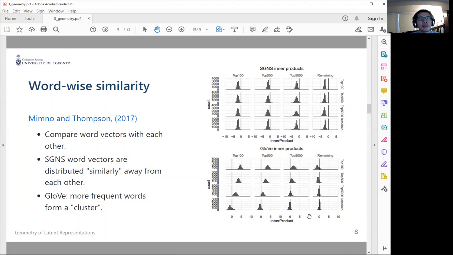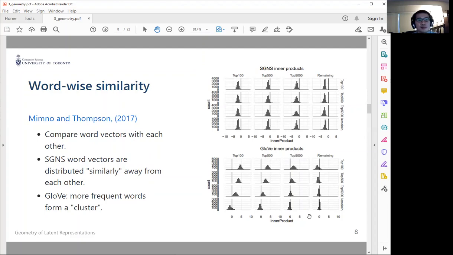In the SGNS case, no matter what frequency tier the vectors are in, the word vectors are distributed similarly away from each other. They are pointing to different directions, and their angles are larger than 90 degrees. So this results in a negative inner product.